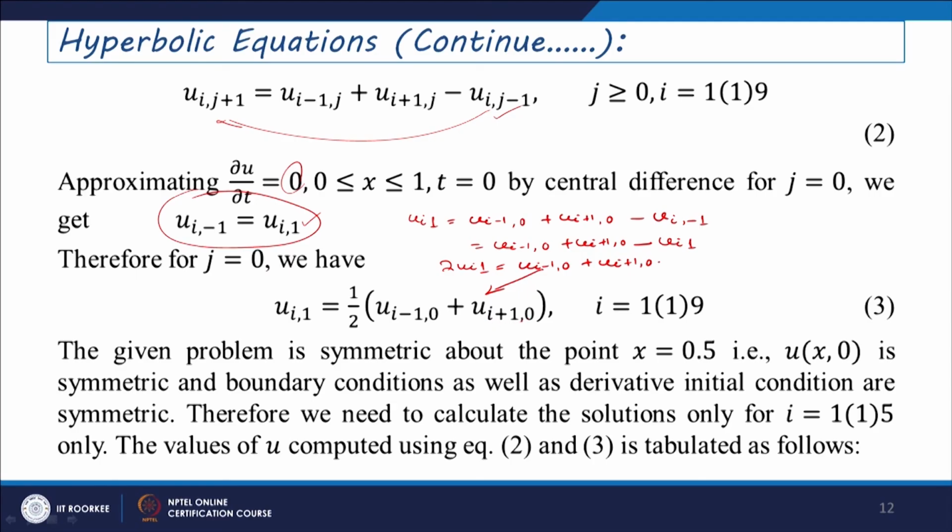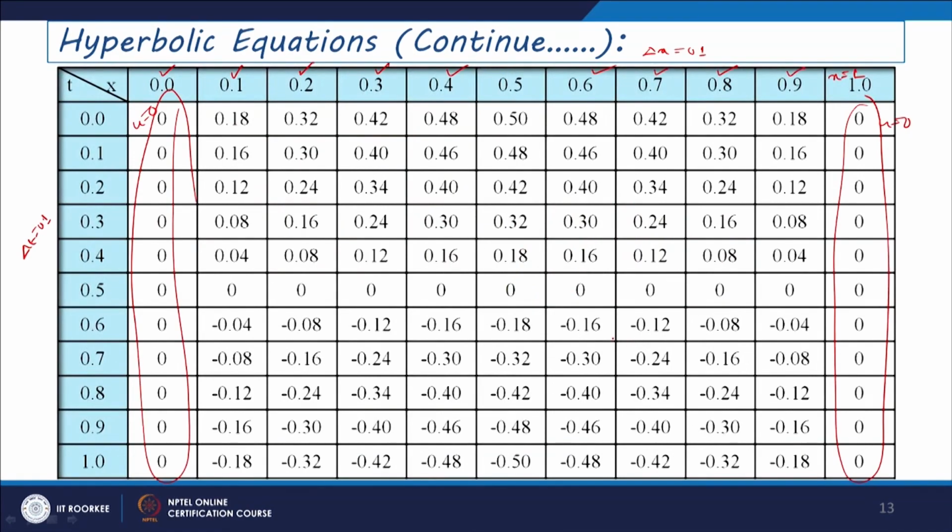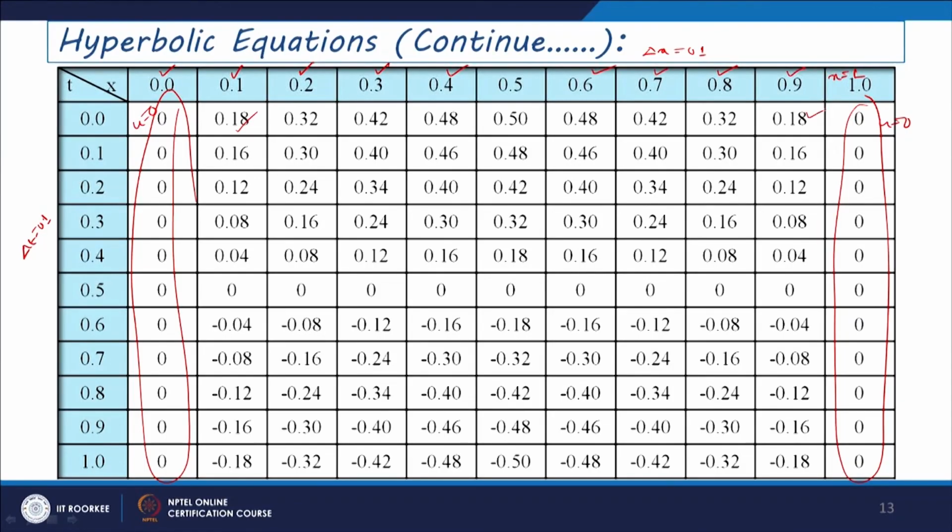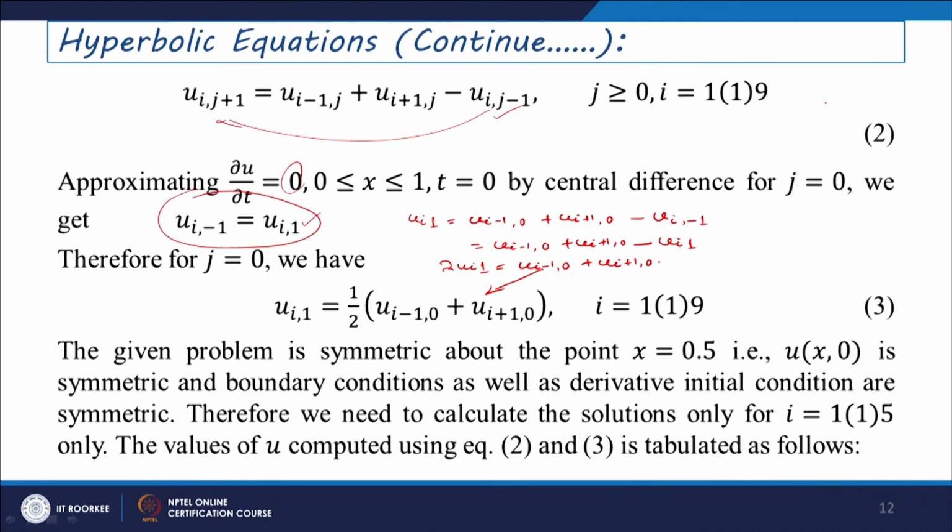So, if we consider this first value as u(0, 0) plus u(2, 0) by 2, that is nothing but 0.18 here. And similarly, we get this 0.9 value, that is 0.18 there, and we can proceed in the same form, that is i will vary from 1, 2, 3, 4, 5, 6, sorry, up to 5. If you go on, then for all points we can get these values there itself.